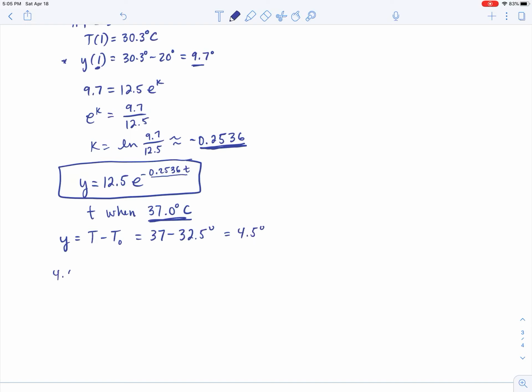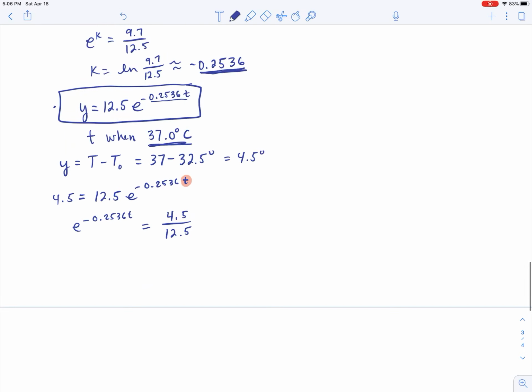So we're going to have 4.5 equals, now I'm going back to my model here, 12.5 e to the negative 0.2536 t. We're going to solve that for t. And so we've got e to the negative 0.2536 t equals 4.5 over 12.5.